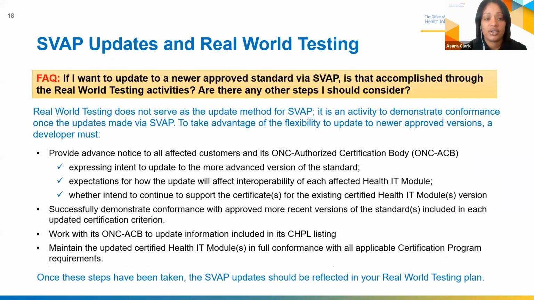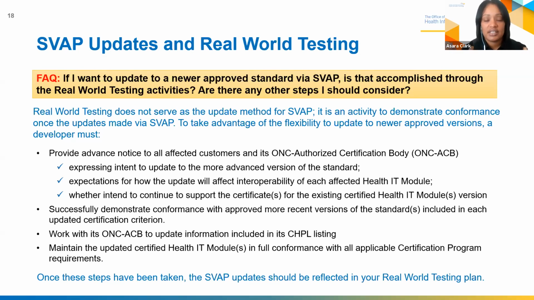We get an FAQ quite often where folks want to know if they want to update to newer approved versions of a standard via the SVAP process, can they do it through real world testing? It's a little bit tricky and we want to make sure we provide clarification. Real world testing is not the process or the method for making these updates.